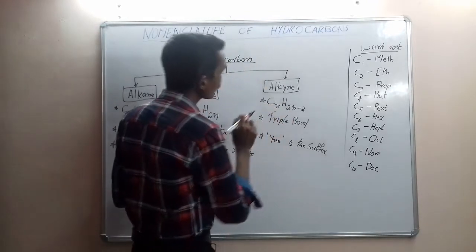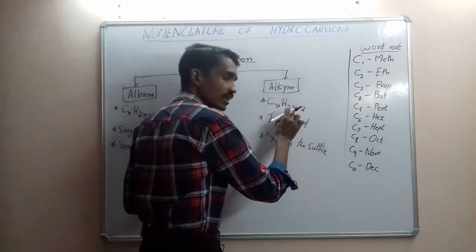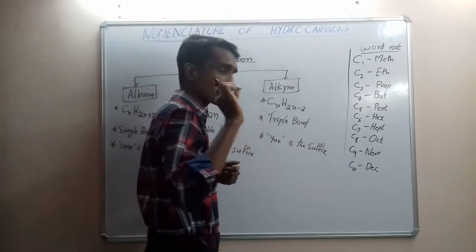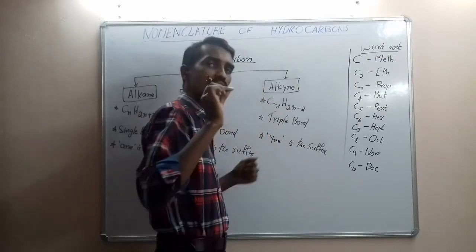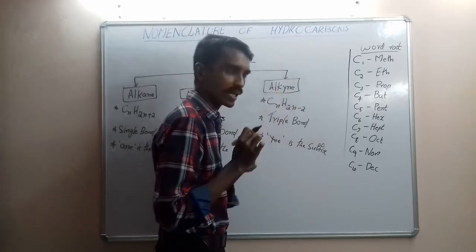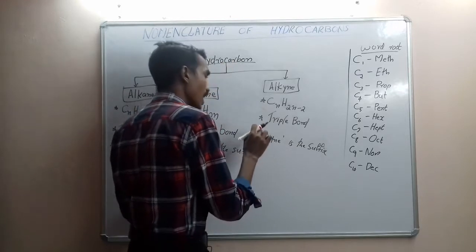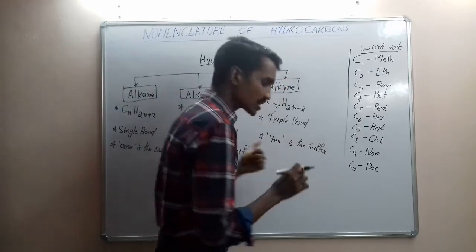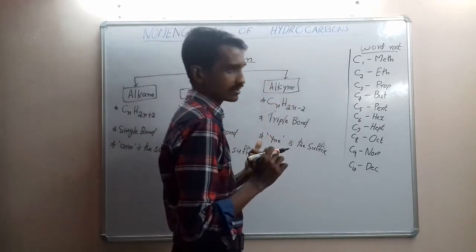The general formula of alkyne is CnH2n minus 2, and at least one triple bond is present. Yne is the suffix in the case of alkyne.